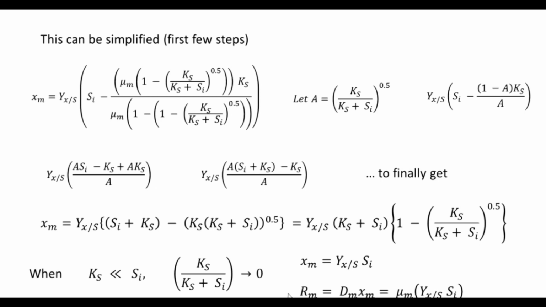And the productivity Rm would be Dm times Xm. That's our definition of productivity that we saw earlier. And Dm is mu m, therefore we have replaced it with mu m. Xm would be Y X/S times Si, so Rm would be mu m times Y X/S times Si.